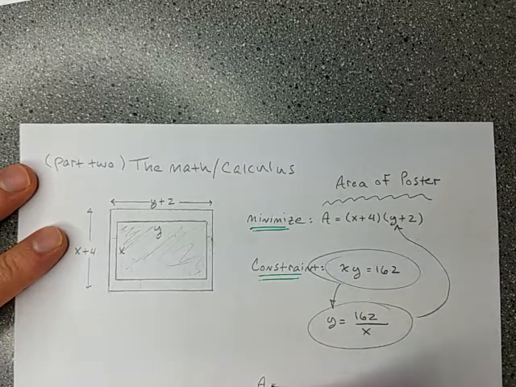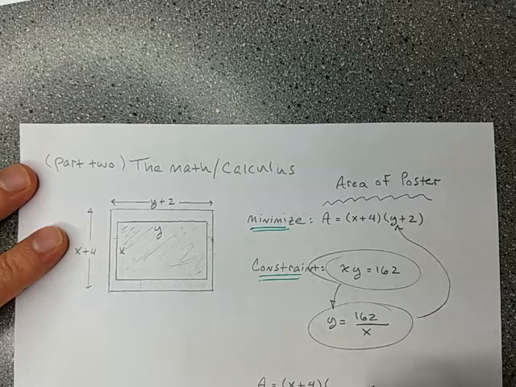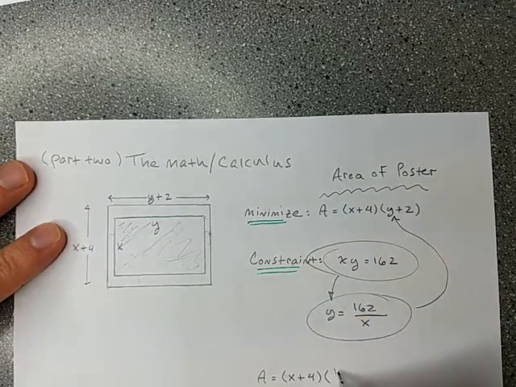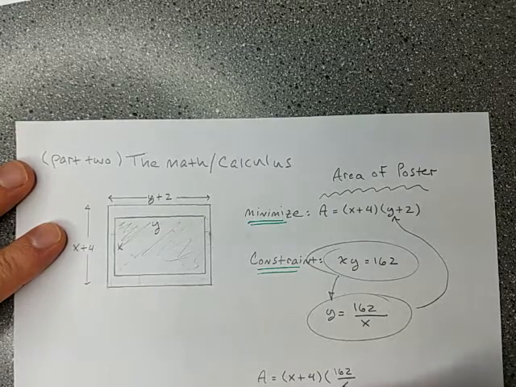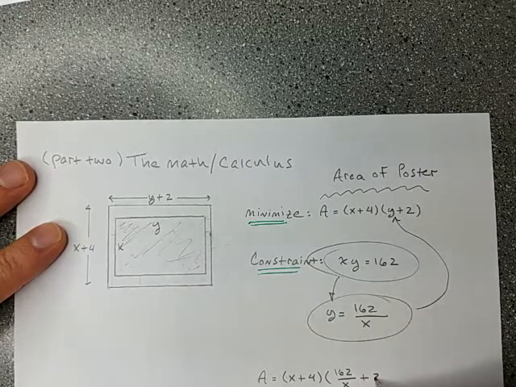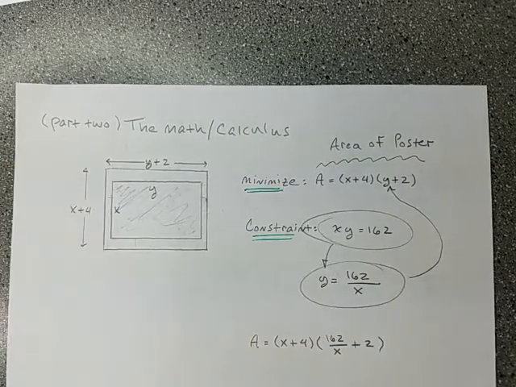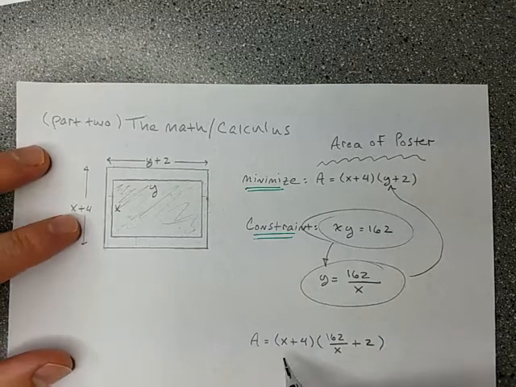If we do that, I get area is x plus 4 times y, with y substituted as 162 over x plus 2. Now that reduces the overall area of the poster, which we're trying to minimize, to a function of just x.